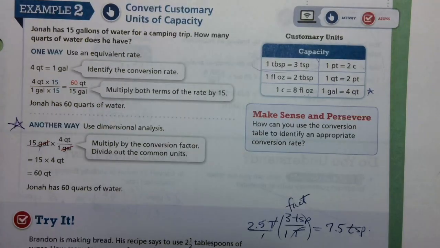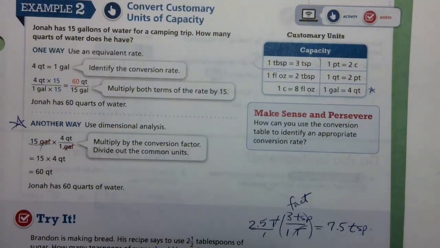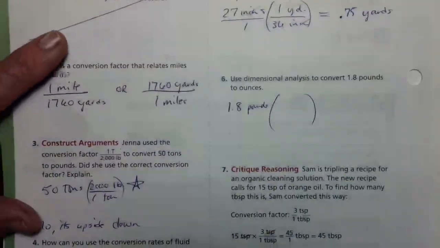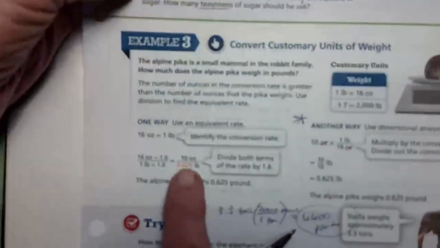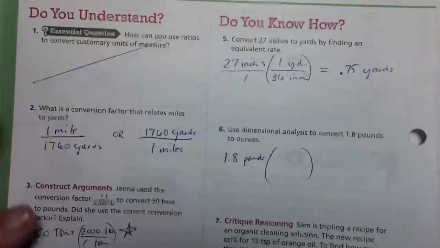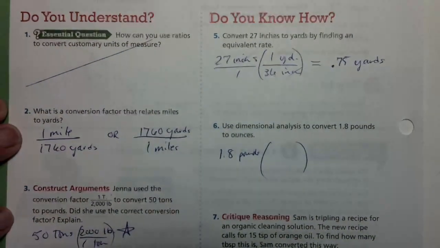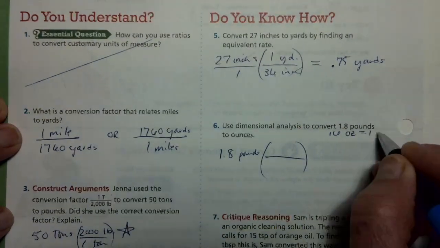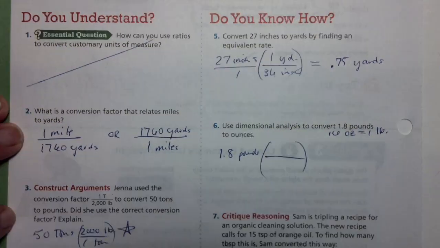Pounds to ounces. 16 ounces in a pound. It didn't tell you up here, it told you right down here. See it? 16 ounces in a pound. I thought it was in that chart, but it's not.